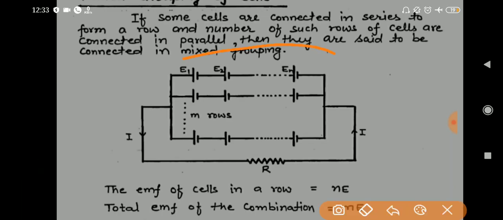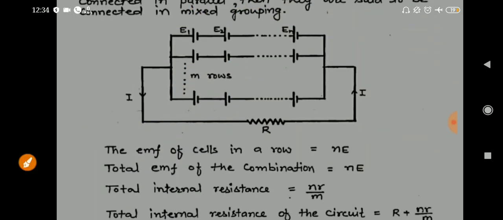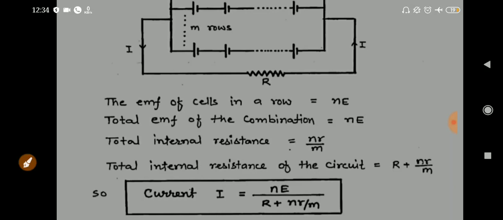This is the diagram of mixed combination. Here E1, E2, up to En is such a row, and there are small m such rows connected in parallel combination. I is the current flowing through the external circuit and R is the external resistance. Now we find the total current flowing through the circuit in mixed combination.